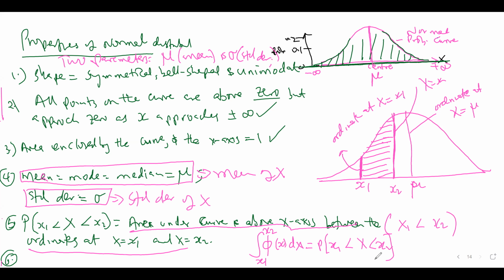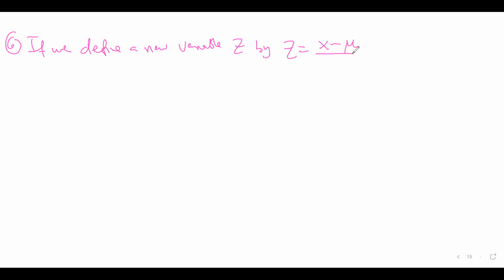Now, property number 6 is very important. So we say number 6, if we define a new variable z by this formula, so we use x and we use mu and sigma.